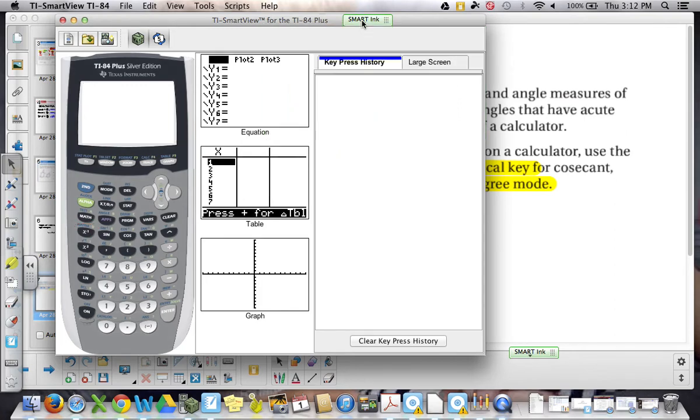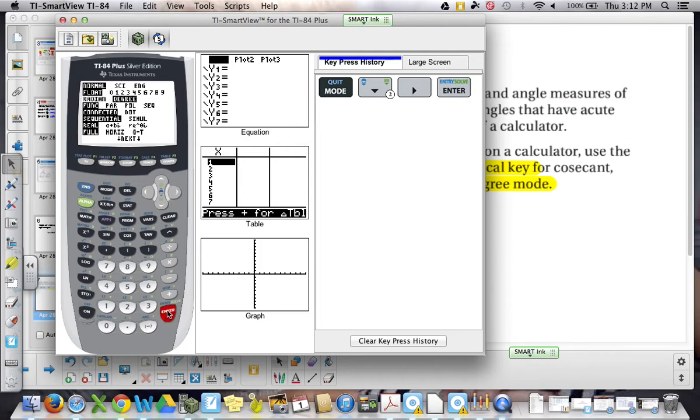All right, one thing we want to make sure of, anytime we're working with angle measures in degrees, is that if we go to the mode, we are set in degree mode. You can see right now, on the third line of my mode, that I'm in radian mode. I want to be in degree mode if we're working with degrees.